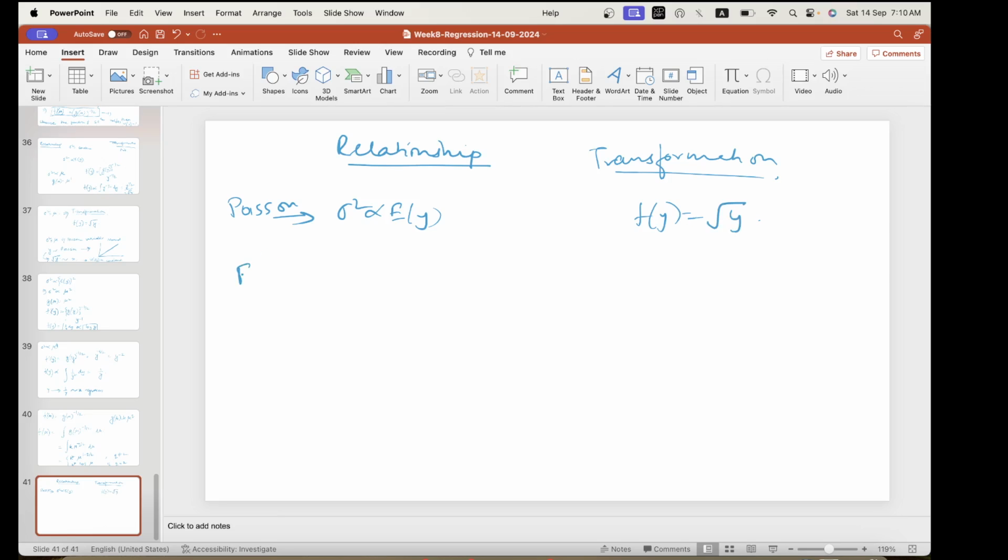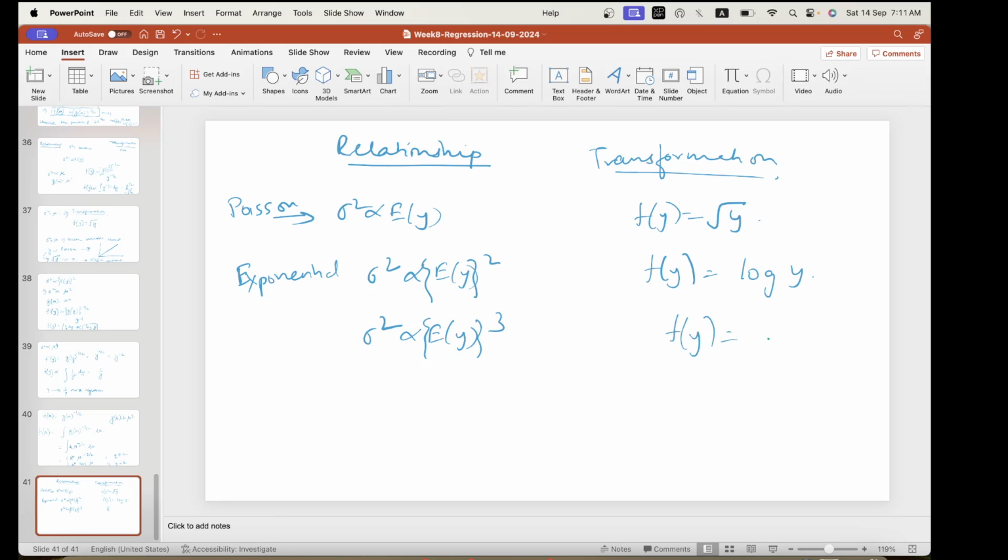If we have an exponential case where sigma square is directly proportional to E(y) whole square, then the transformation is log y. If it is proportional to E(y) cube, then we have fy equal to y to the power minus half.